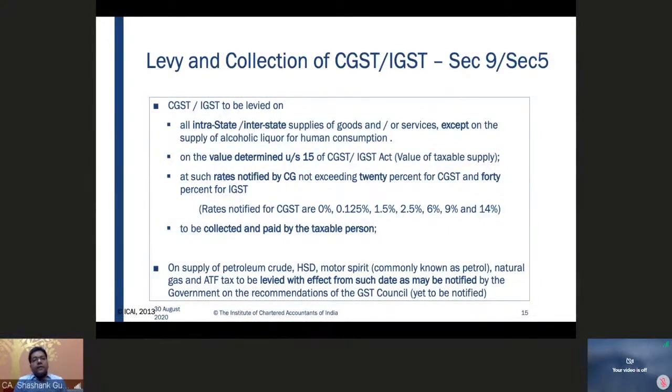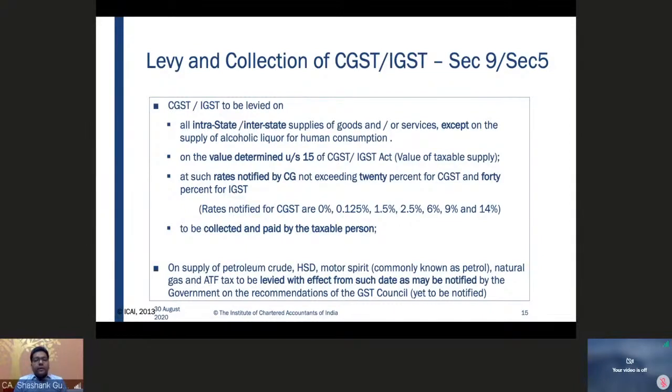So if it is an intrastate supply, meaning happening within a particular state, that would be liable to CGST plus SGST. However, if a supply is happening interstate, that would be liable to IGST.